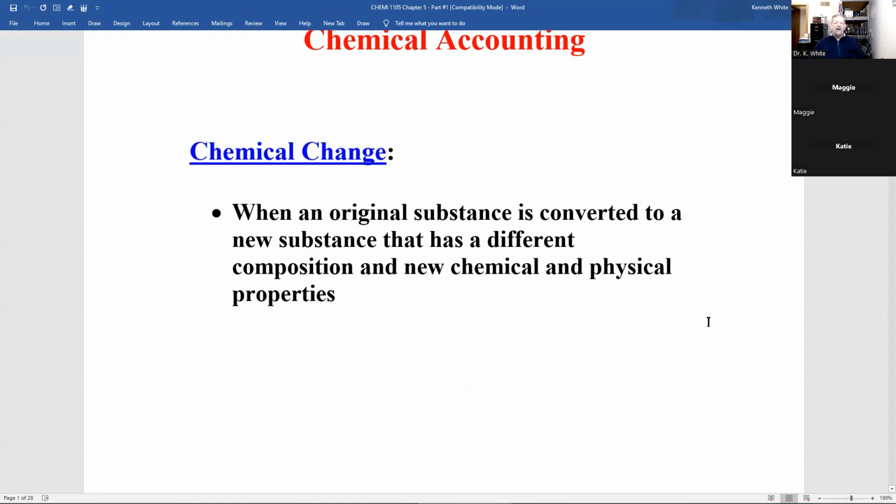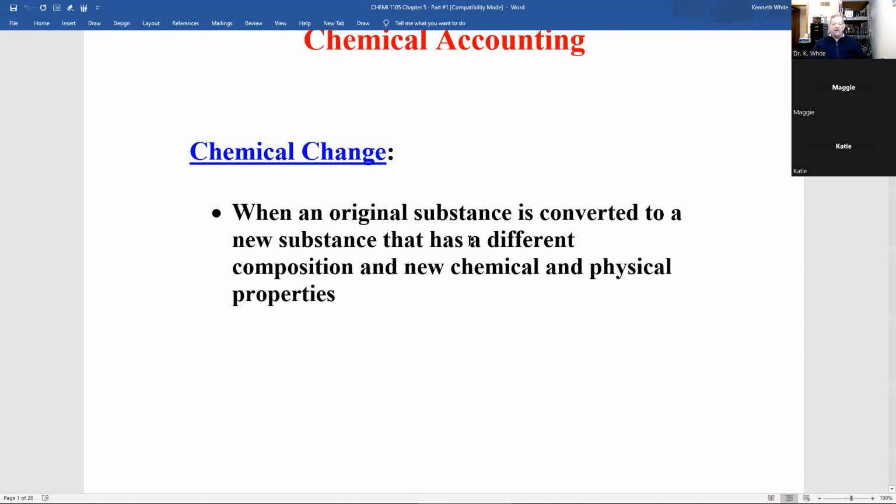All right, let's talk about a chemical change. That's when an original substance is converted to a new substance that has different composition, a different way the atoms are put together, and new chemical and physical properties. So whenever you have a chemical change, you start with a substance, and you convert it to something new that has different composition, different amounts or types of atoms, and new chemical and physical properties.